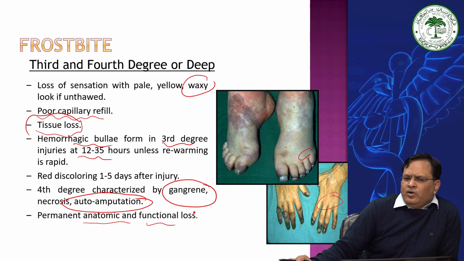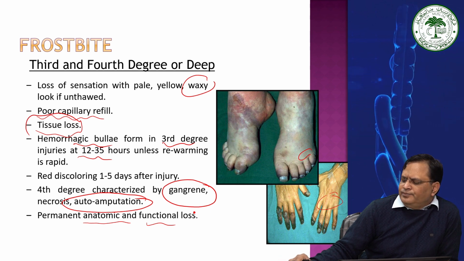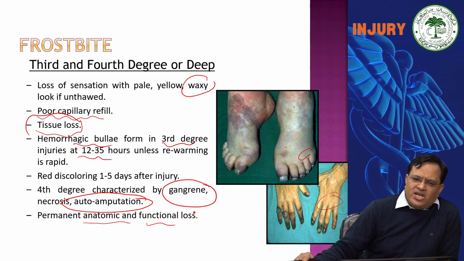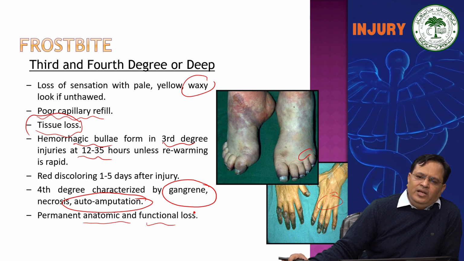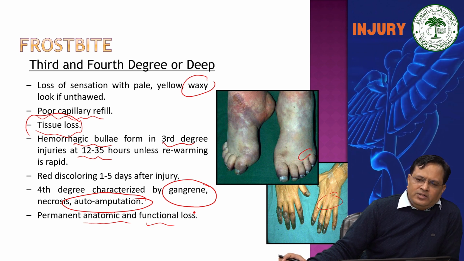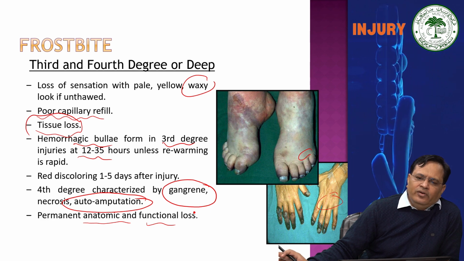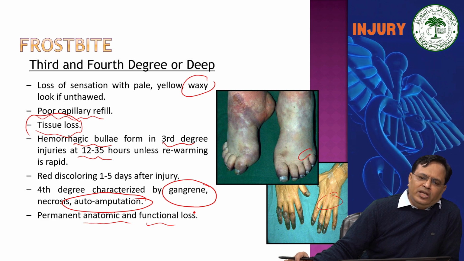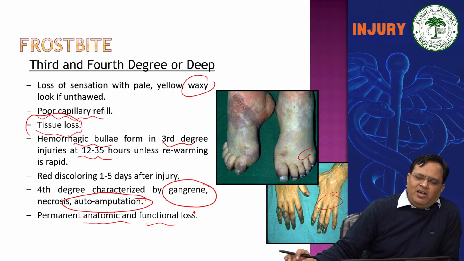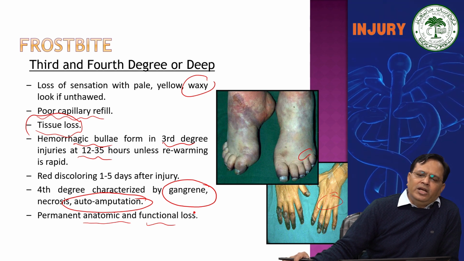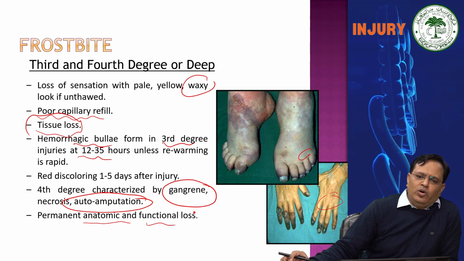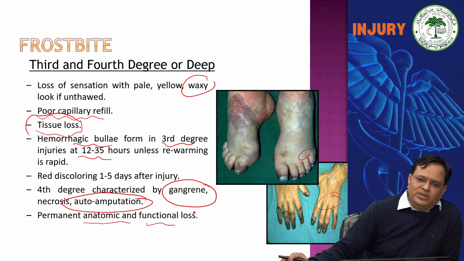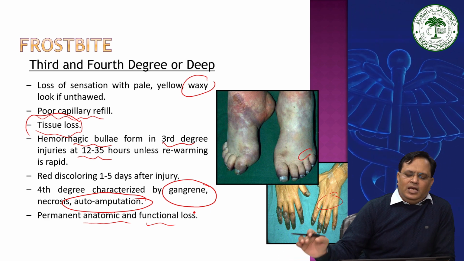So there should be proper documentation of the injury, proper documentation of the history, and the history of traveling, history of exposure, working in the factories, and deliberate and non-deliberate exposure to extreme cold. These conditions need to be evaluated, especially in our setup.